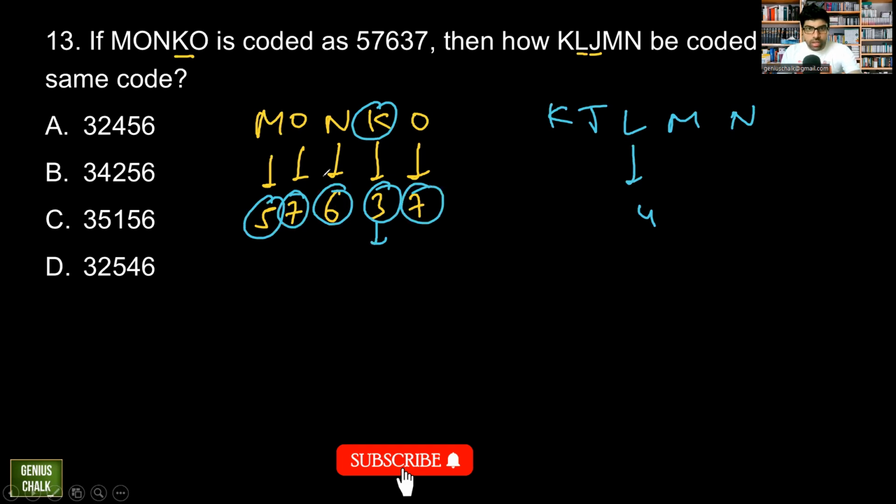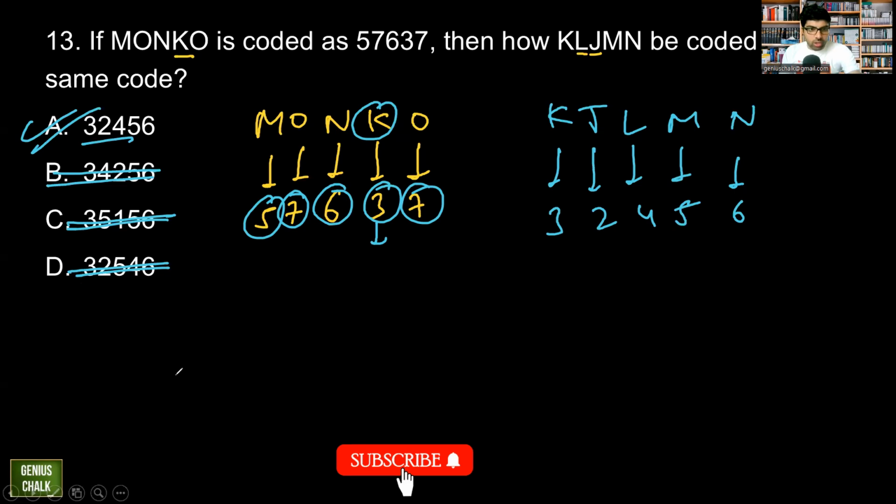Now go before K, it is J. So if K is 3, J must be 2. So 3, 2, 4, then M is 5 and N is 6. So this is my answer. The first option cannot be my answer, so my answer is A option.